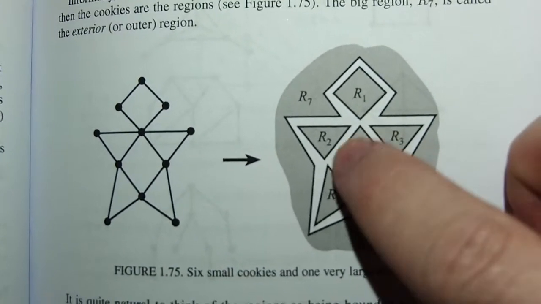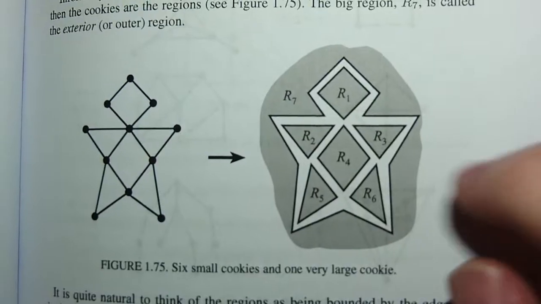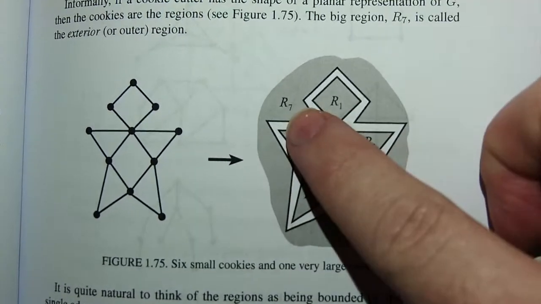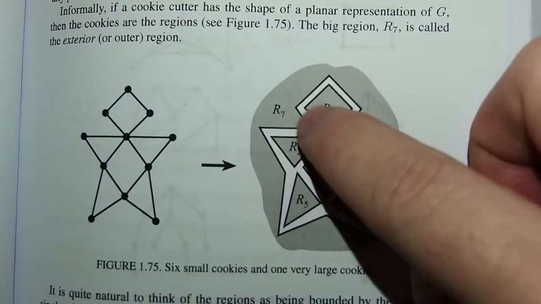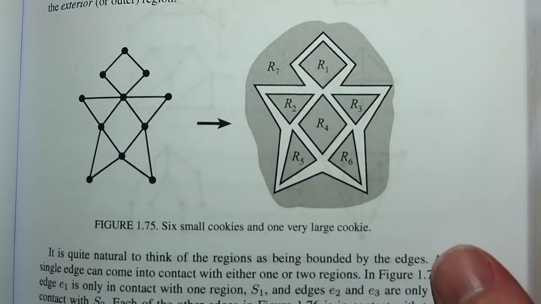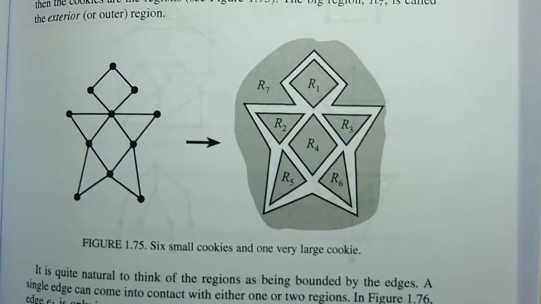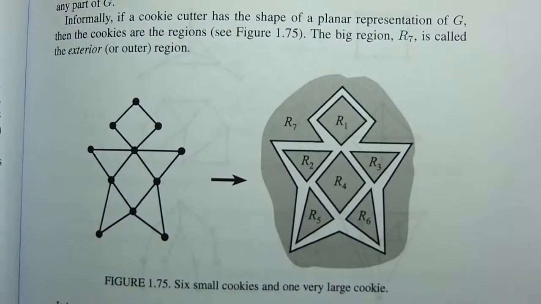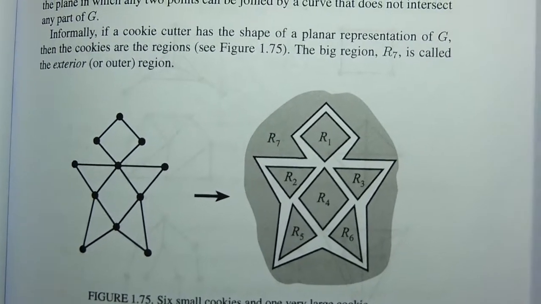The bound degree of region 2 would be 3, because it's bounded by 3 edges. Bound degree of region 5 would also be 3. Bound degree of region 7 would be all of these edges that bound it, so you have to count those. That's the exterior region.